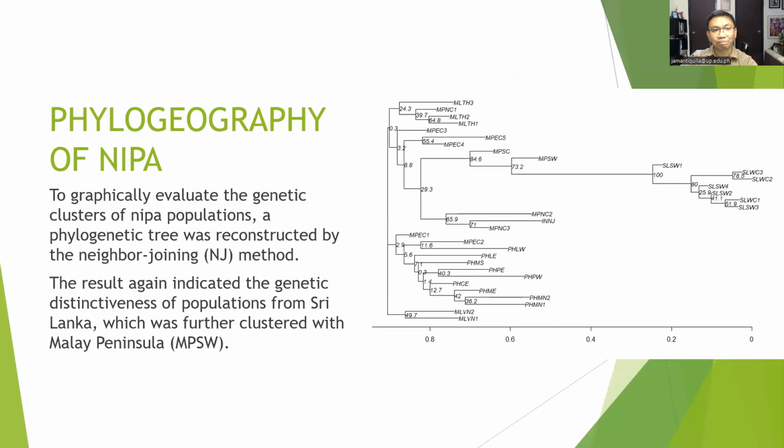To graphically evaluate the genetic clusters of nipa populations, a phylogenetic tree was reconstructed by the neighbor-joining method. Again, the result indicated the genetic distinctiveness of populations from Sri Lanka, which was further clustered with the Malay Peninsula.